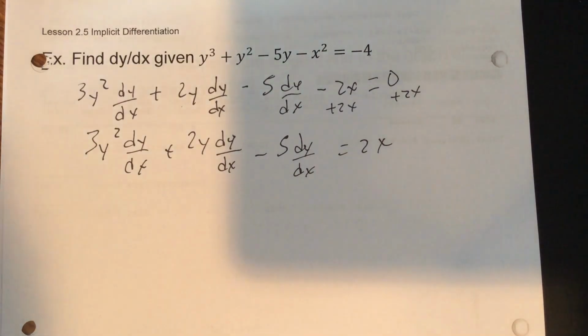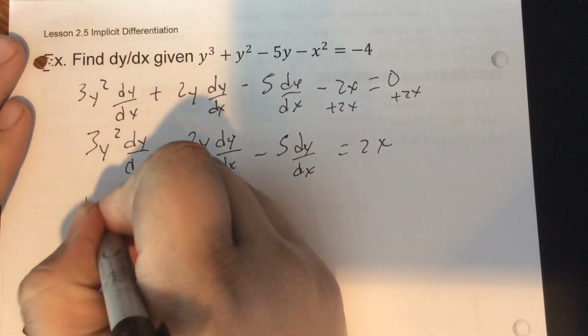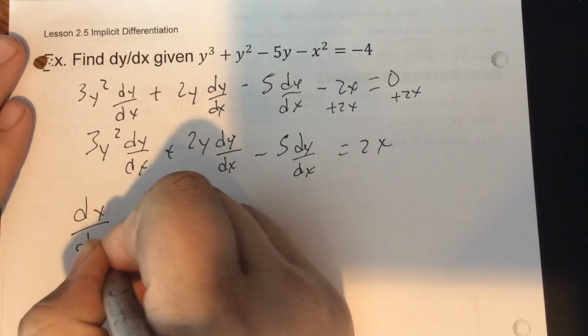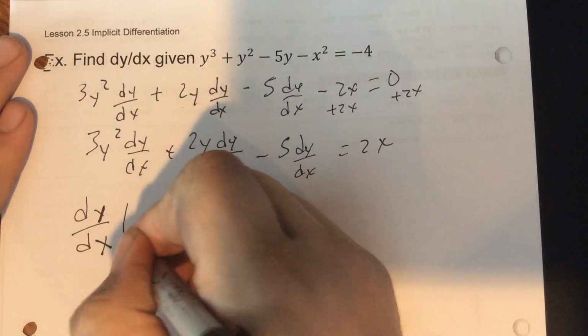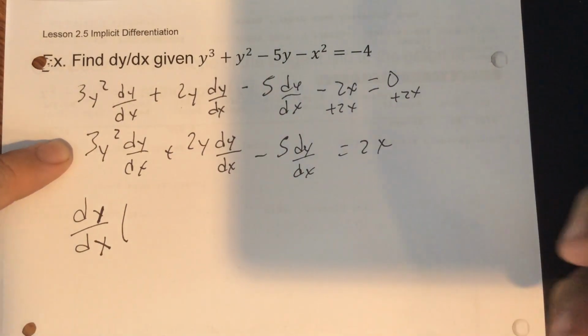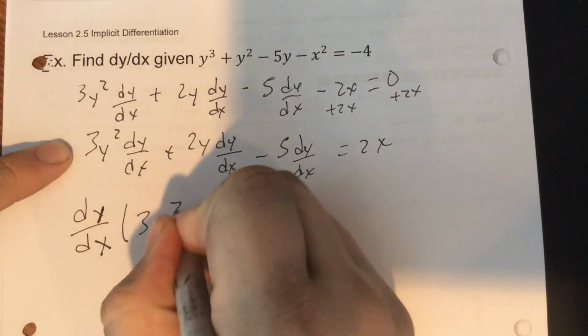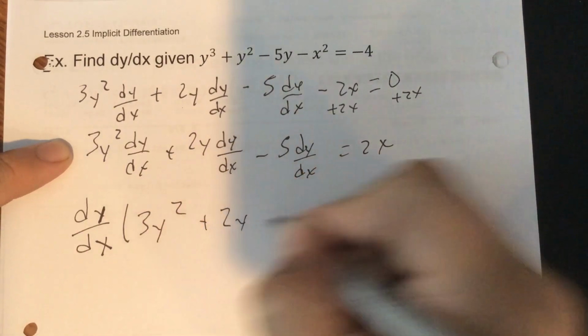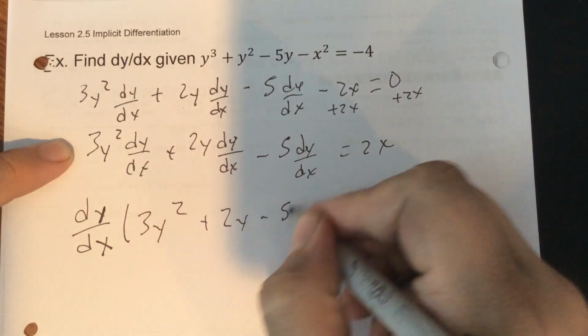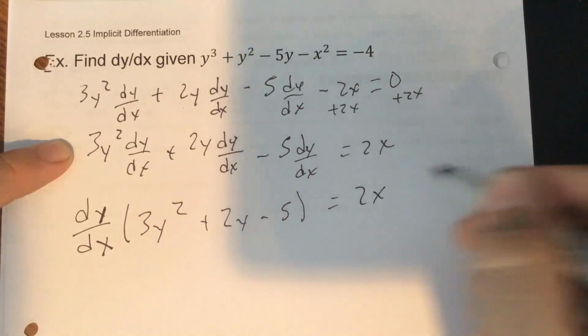Now we can pull that dy/dx out. So if I pull that out, what would be left of the first term? The 3y squared, plus then 2y minus 5, equaling that 2x.